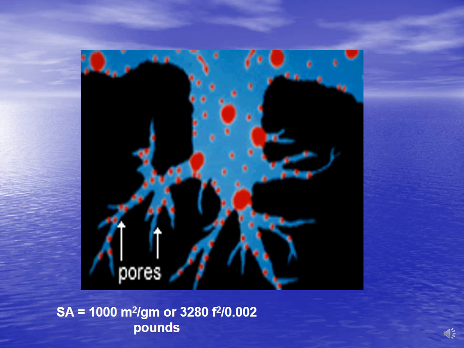If you were to take a football field, which is 100 yards, which is 300 feet, multiply that by 100, which I think is the normal width of a football field, it will equal about almost the size of a football field at 3,280 square feet. So you can see that there's a lot of surface area in a granule of carbon.